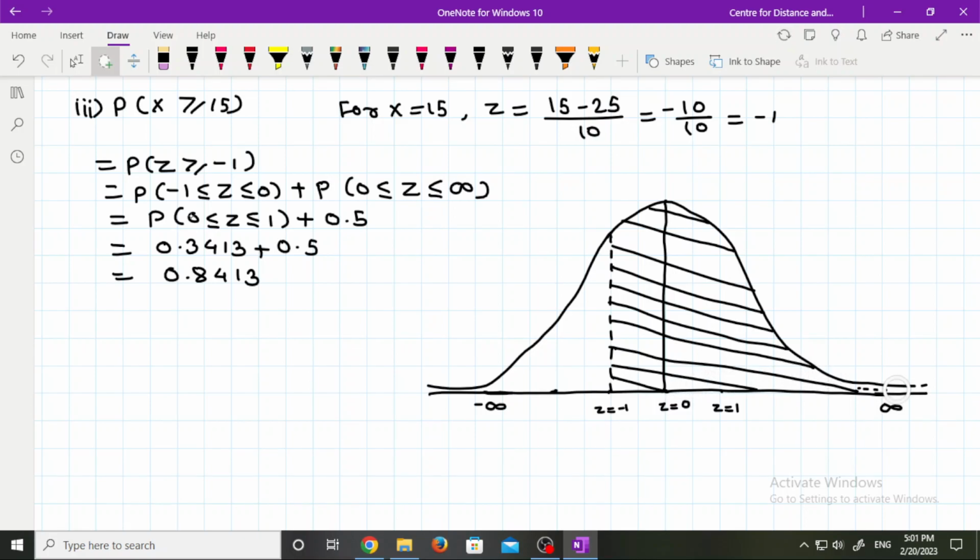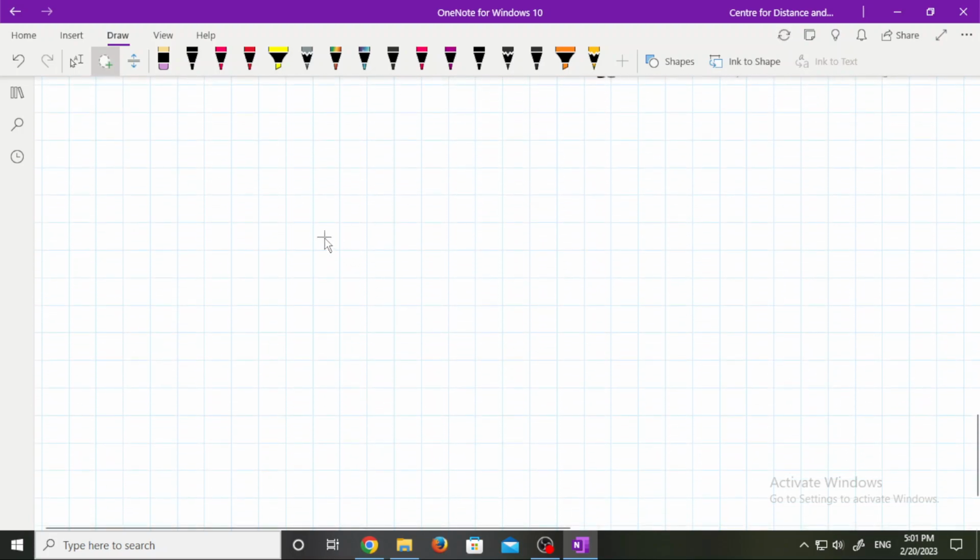Okay, now find out the fourth one, probability of x greater than or equal to 35.